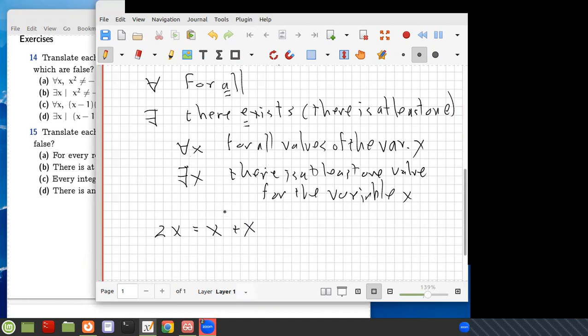This is a little bit pedantic, because we know what you mean. If this was true, you'd say no matter what value of X you choose, this is going to produce a true statement. But literally, it's not quite a proposition because we haven't said what we're choosing for X. So we're going to say it's neither true nor false. It's like about to be true or false.